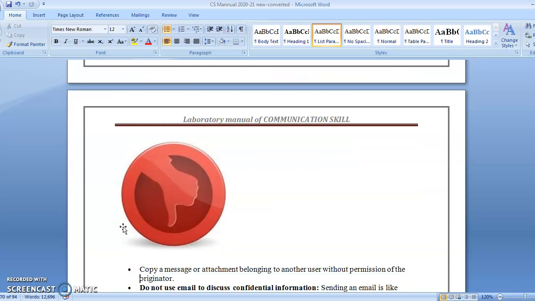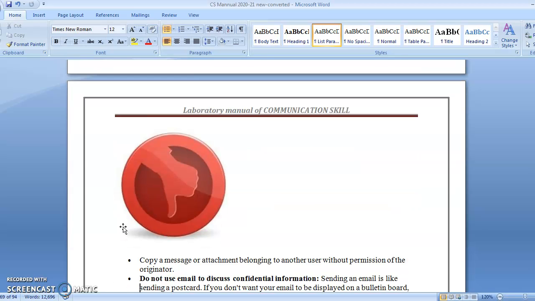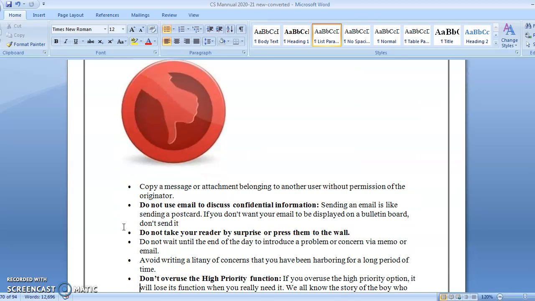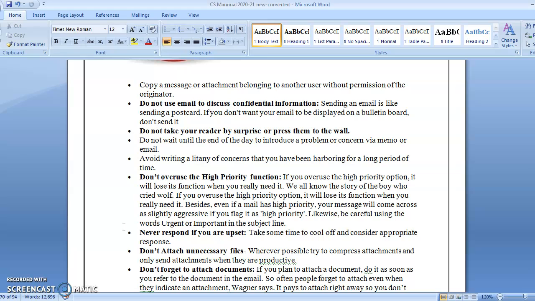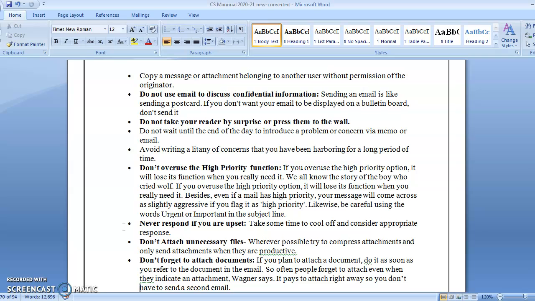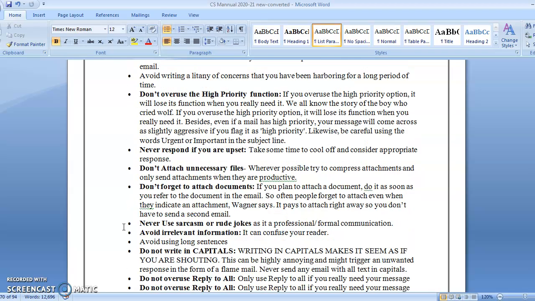Now there are some don'ts. Do not use email to discuss confidential information. Never discuss your confidential information. Do not take your reader by surprise or pressure them. Don't overuse the high priority function. Never respond if you are upset. Don't attach unnecessary files, and don't forget to attach the document.